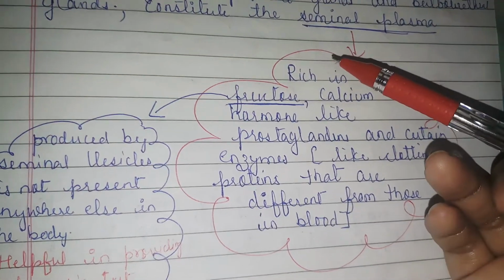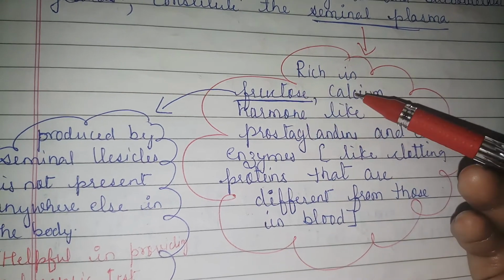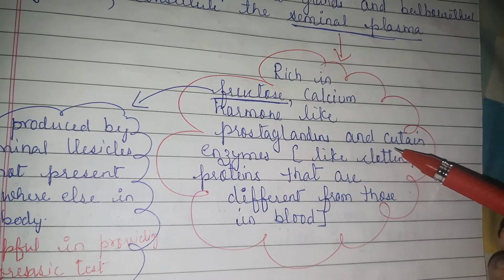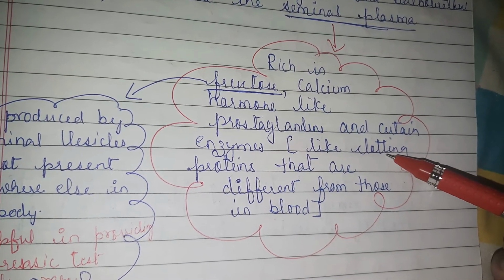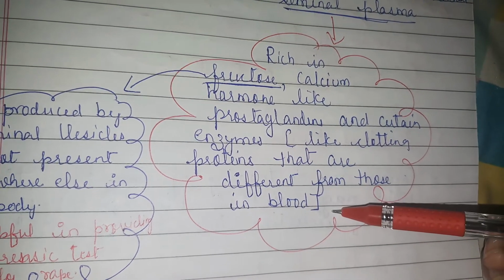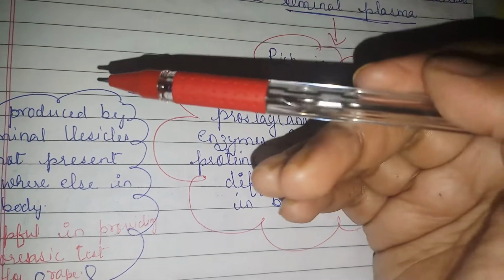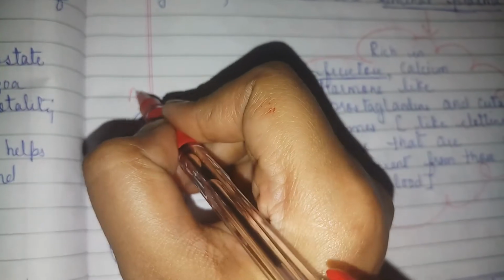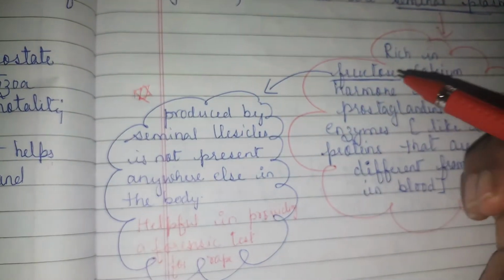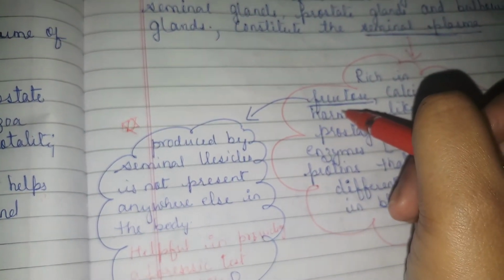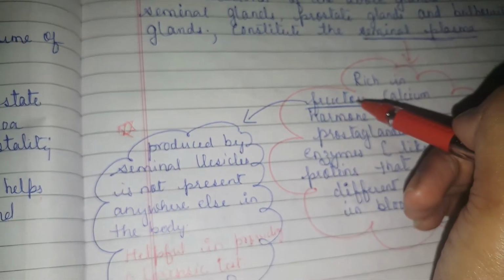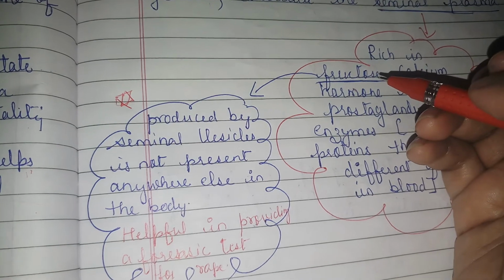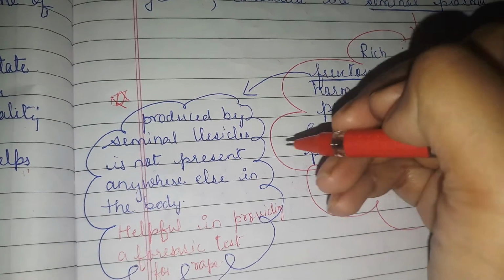Now, the seminal plasma is rich in fructose, calcium, hormones like prostaglandin, and certain enzymes like clotting proteins that are different from the proteins found in the blood, as I already told you. The point to be noted here is that the fructose found in the seminal plasma is quite different from anything found in our body other than the genital portion.